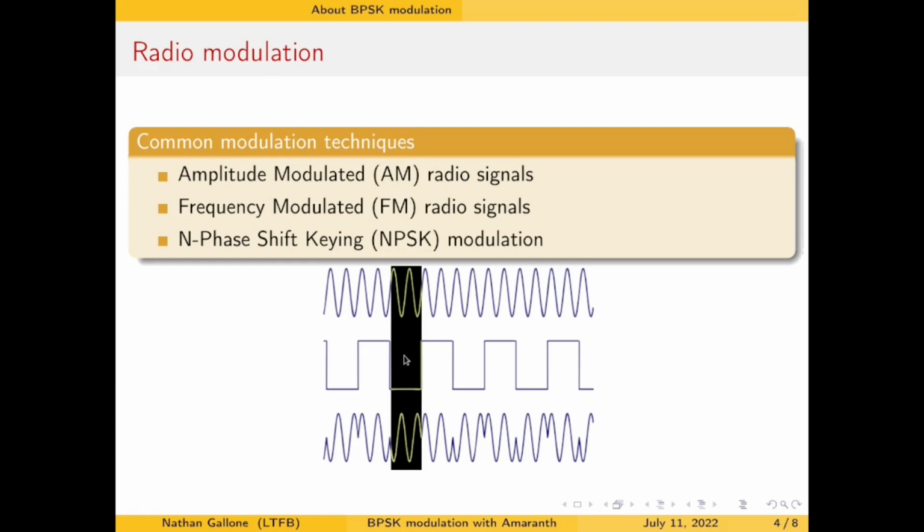If you only have two different phases, it's called binary phase shift keying, but you can also have quadrature phase shift keying and many more. And this binary phase shift keying, so BPSK, is the kind of modulation that we are interested in.